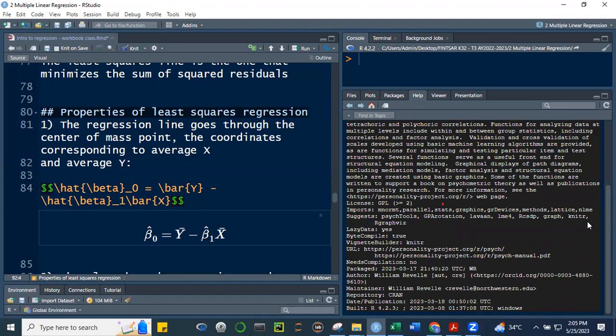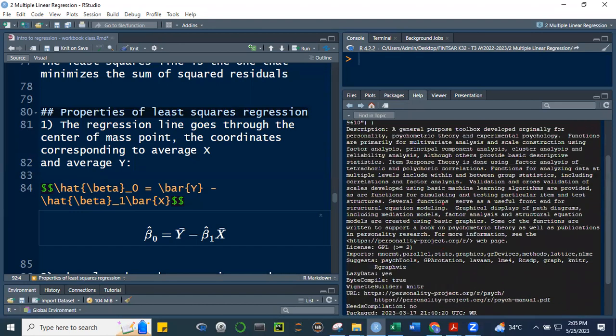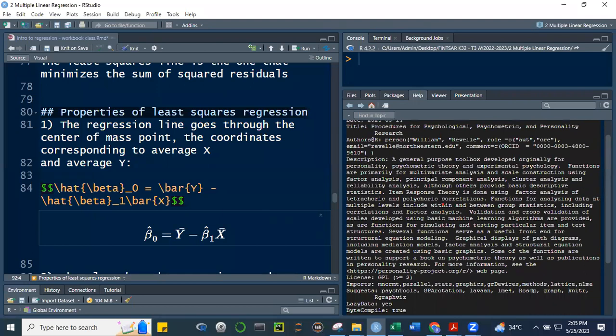Description: a general purpose toolbox developed originally for personality, psychometric theory and experimental psychology. Kasi sa psych class, yung statistical analysis is very important sa kanila, pati yung even regression. Functions are primarily for multivariate analysis, factor analysis, cluster analysis, reliability analysis, and descriptive statistics.